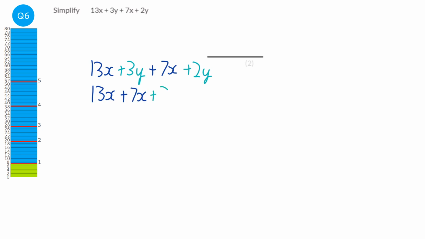And let's put the y's together: 3 lots of y plus 2 lots of y. So altogether, 13 lots of x plus 7 lots of x is going to be 20 lots of x. And for the y's, 3 lots of y plus 2 lots of y is going to be 5 lots of y. So our answer is 20x plus 5y.